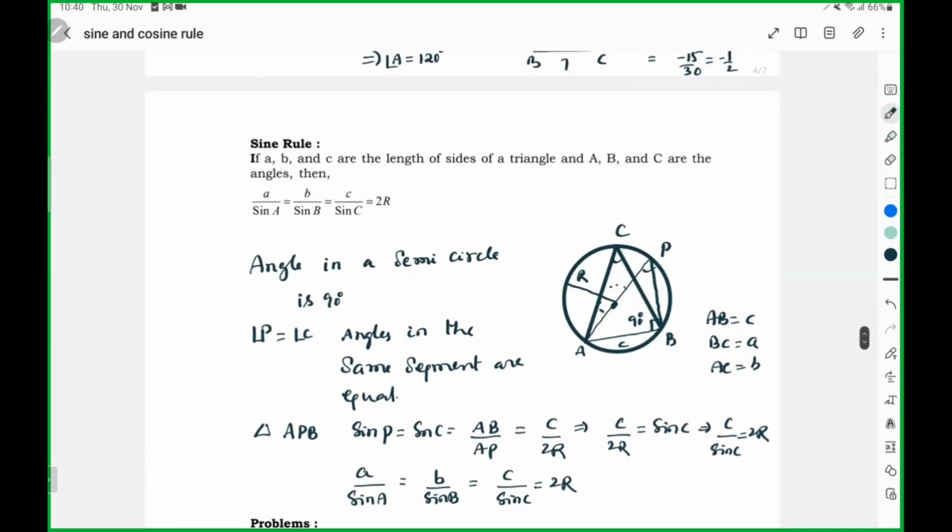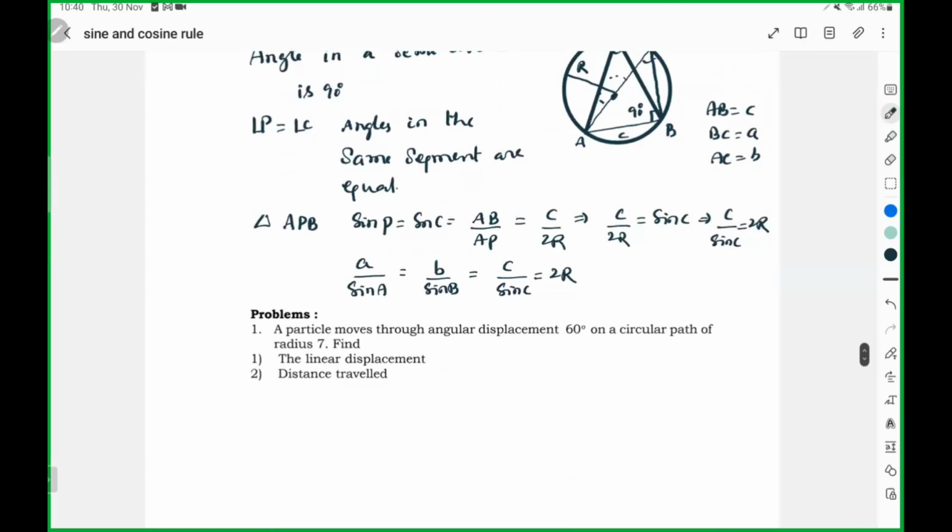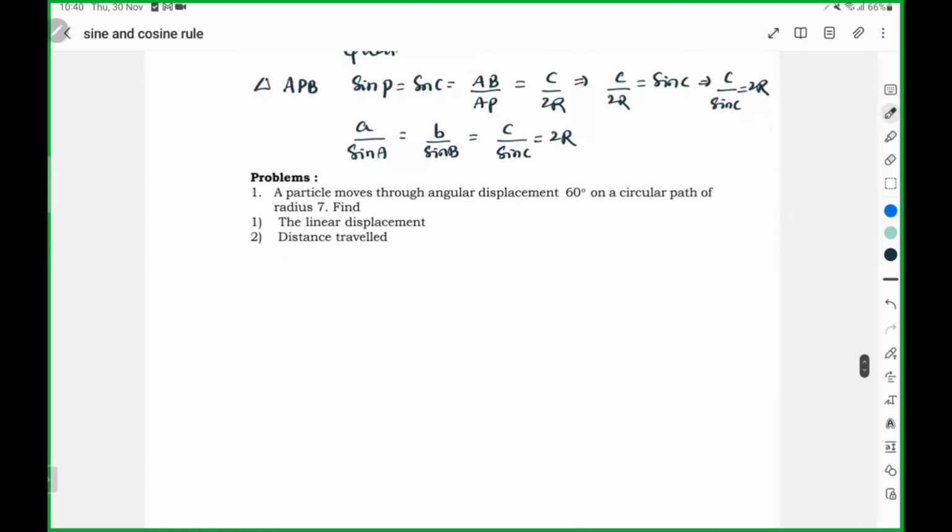Now, once you know these mathematical basics, we can solve typical problems related to displacement and distance traveled. Not only this, in optics also many places these concepts are useful.